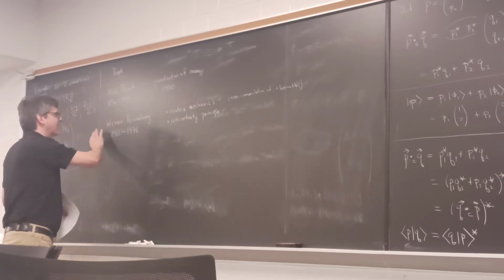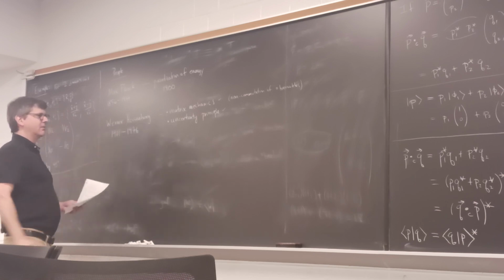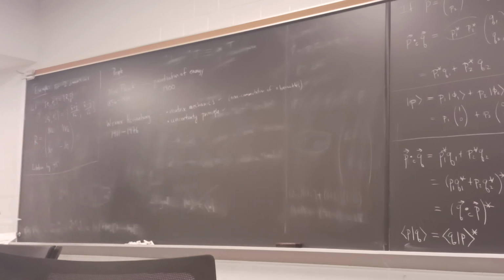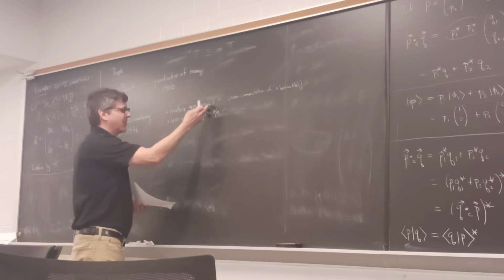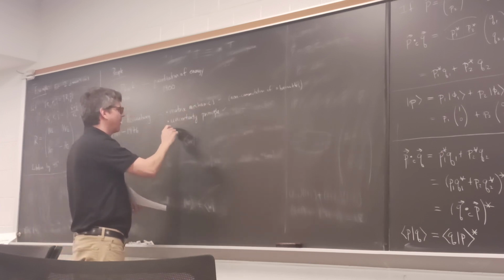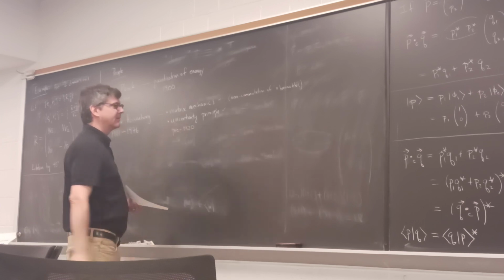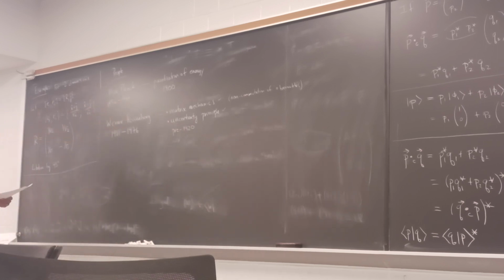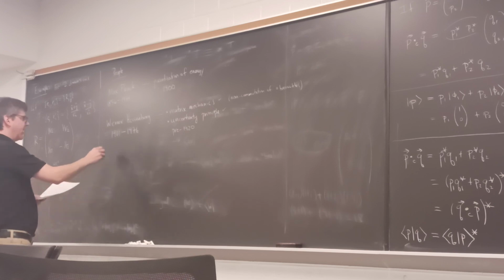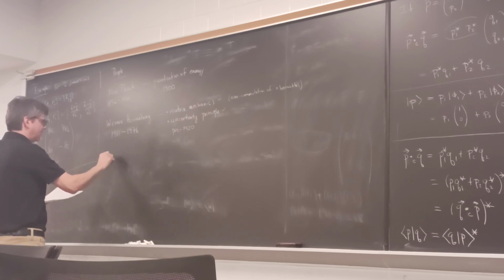Okay, so Werner Heisenberg was a big, this was early on, I can't remember exactly when matrix mechanics came out, but this was pre-1920, say. And then we have Max Born.